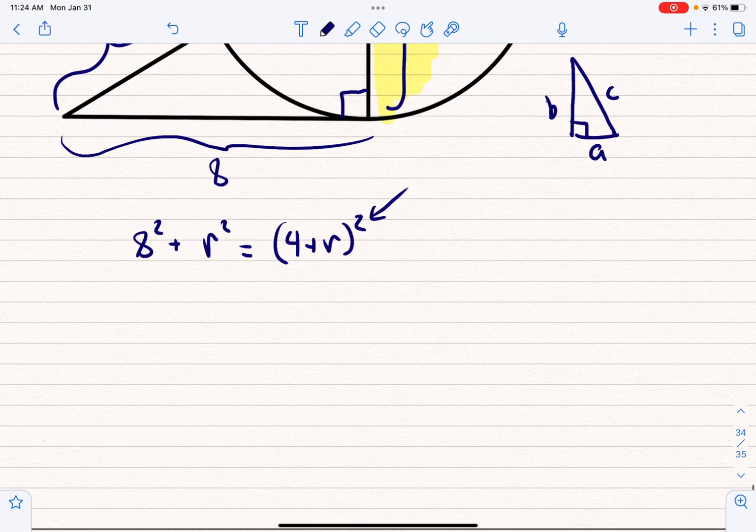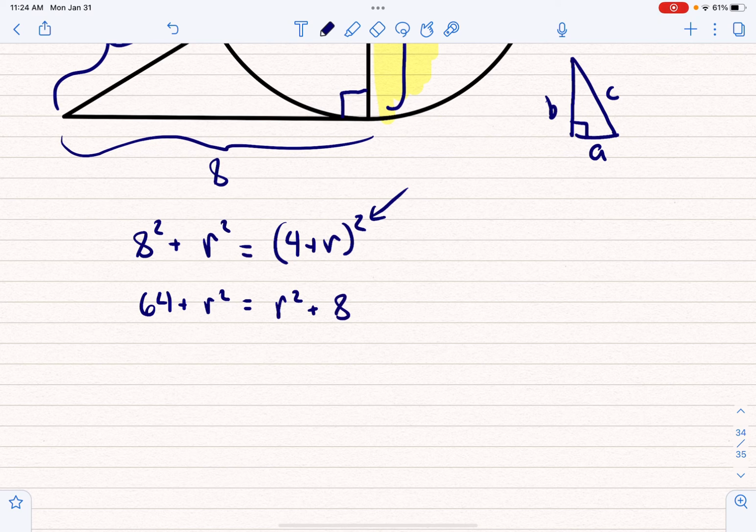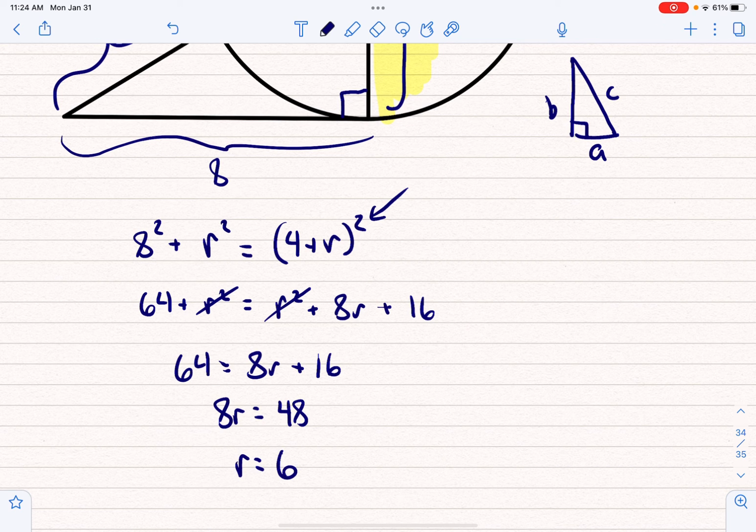So this is 64 plus r squared is equal to, let's FOIL that, r squared plus 8r plus 16. Now look, when I go to solve this and I subtract r squared, it cancels out on both sides. And so I'm left with 64 is equal to 8r plus 16. I subtract 16 from both sides, and I get 48 equals 8r. Divide, and I get r is 6.